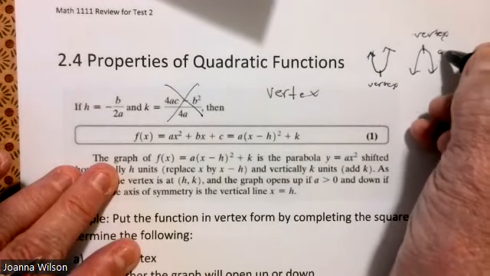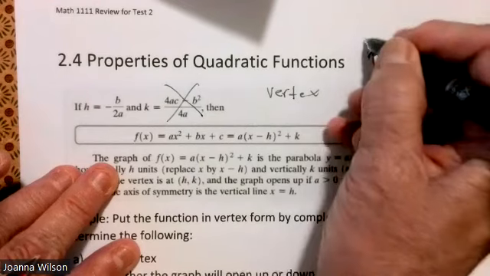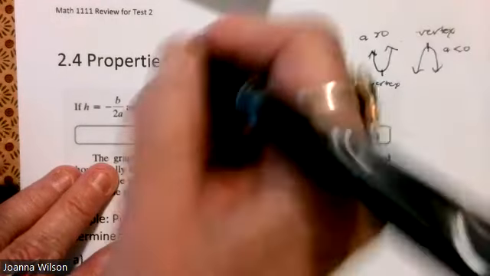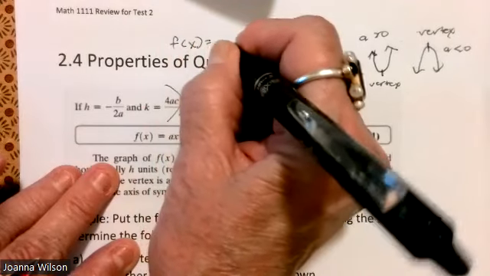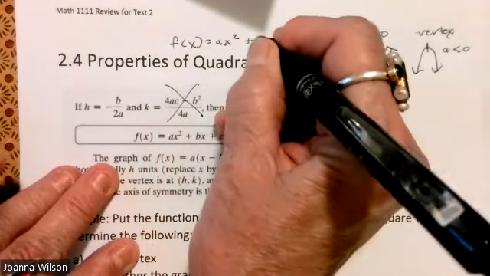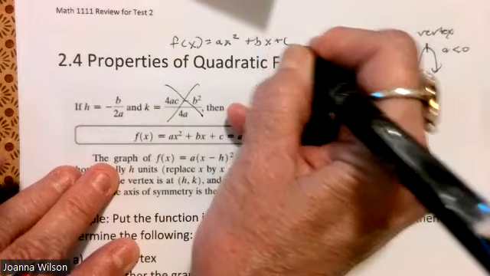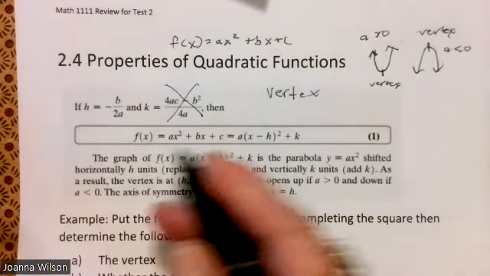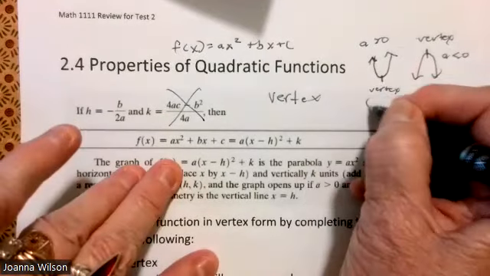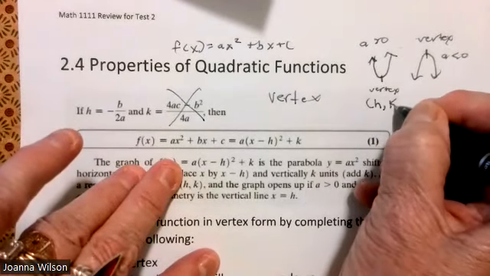And this is going to be if A is negative, and this is if A is positive, because remember, the function looks like this.